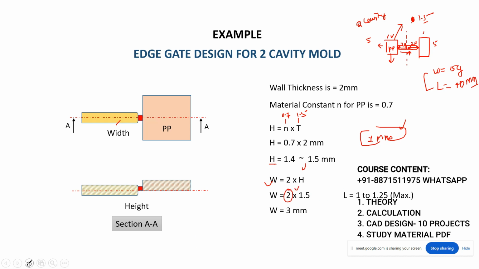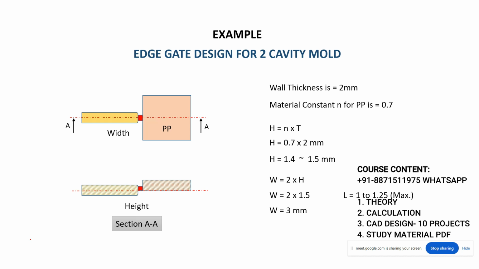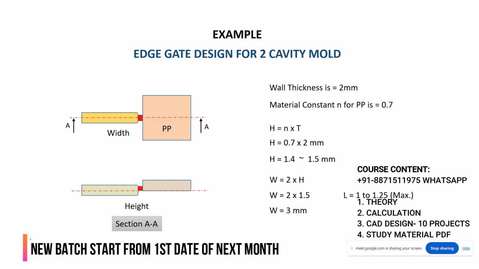So what are you learning here? You are learning the basic calculation depending upon the manufacturing feasibility, which is very important. For example, if you are going to complete the simulation, if you are preparing the 2 cavity or the 4 cavity, before that you have to take the exact, accurate calculation.